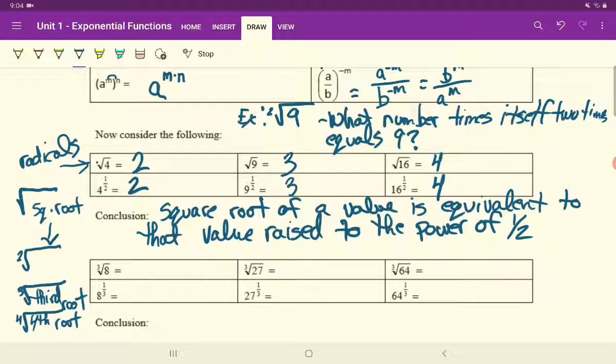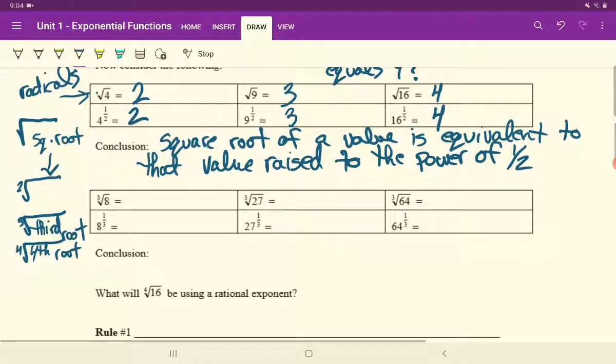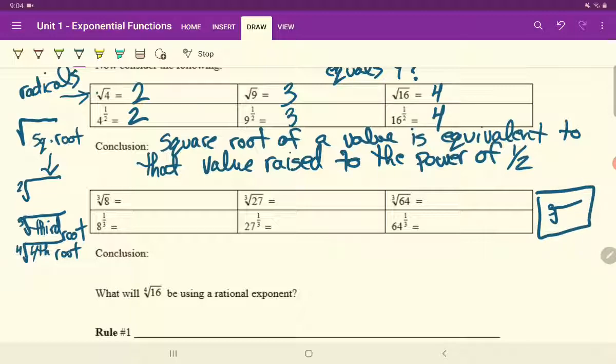Let's see the cubed root now. So let's move on and take a look at the cubed root, and see if we get the same pattern here. By the way, in your calculator, if you're looking for cubed root, different calculators differ: some may have a cubed root button, and some might have something with a little x and then the root bracket.